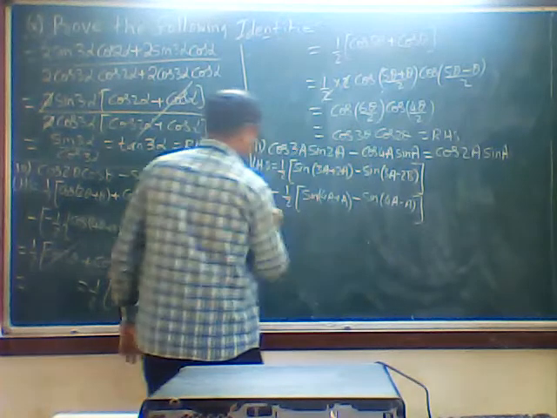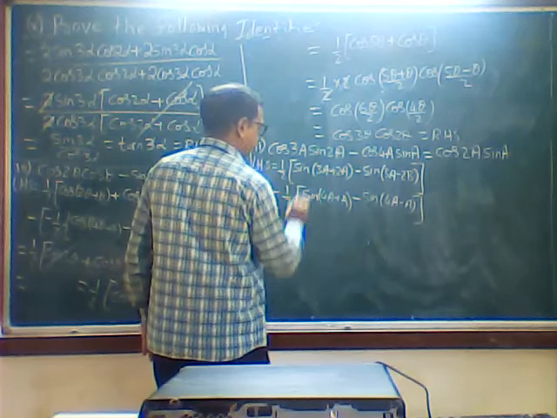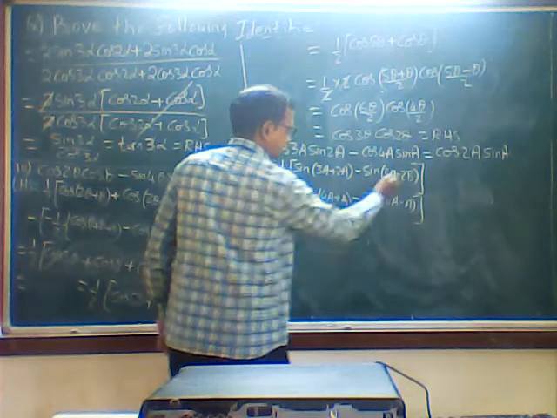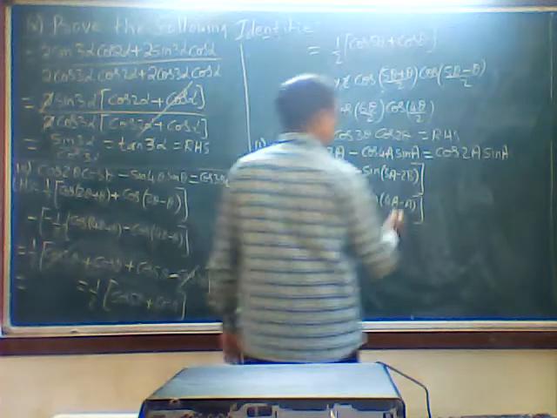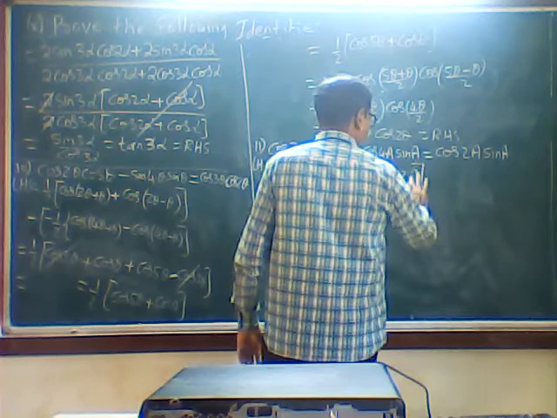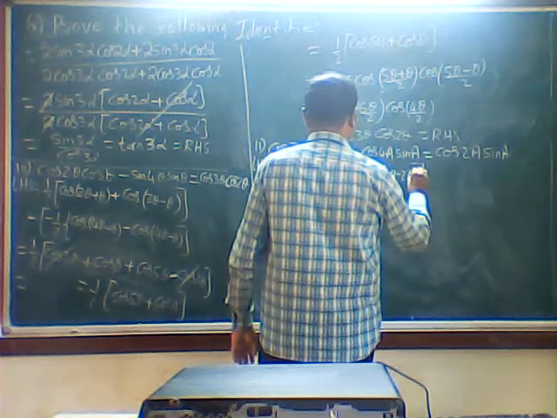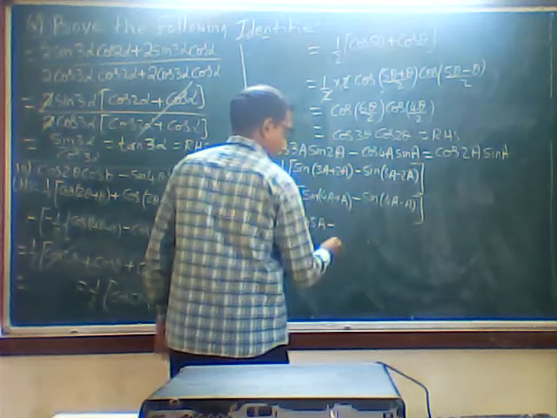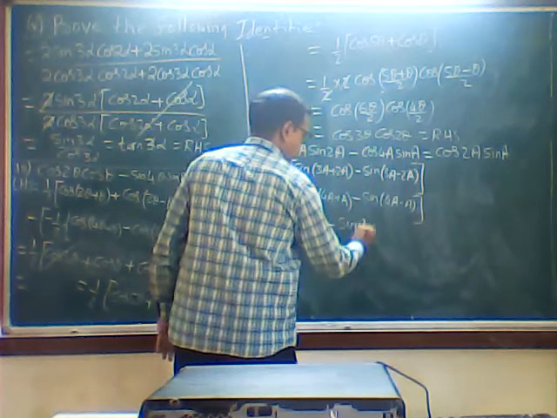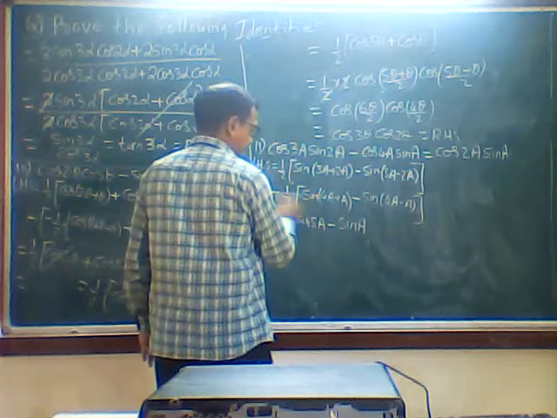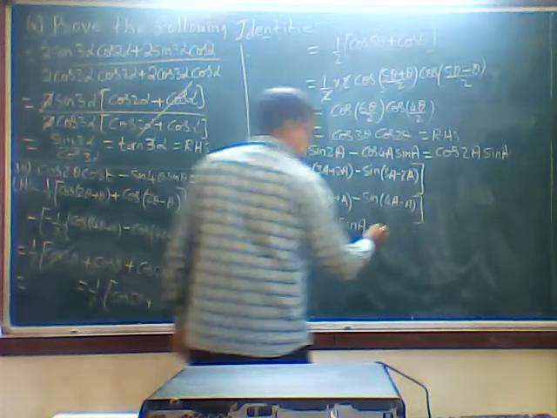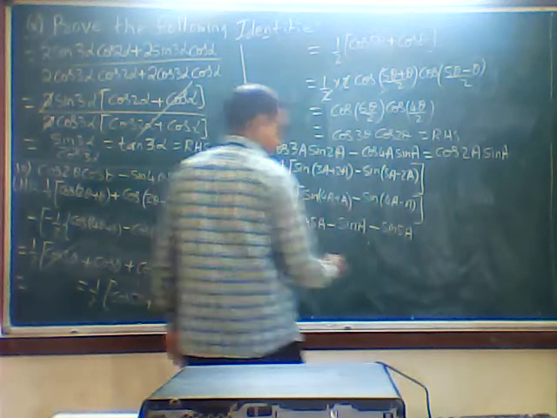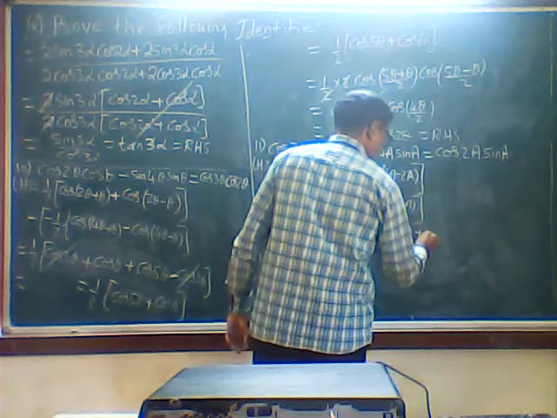So what do we get? I take half common: sin 5a minus sin 3a, minus sin 3a minus sin a. I have taken minus half common, minus into this minus sin 5a, then minus into minus plus sin 3a.